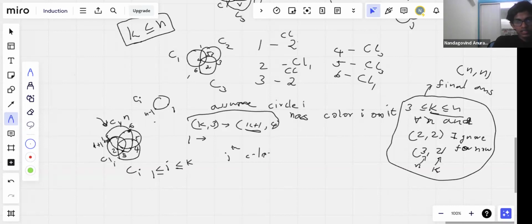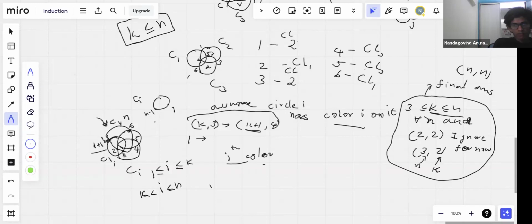For the second intersection point, this is because we assume that circle i has color i on it. So we are ensuring that our circle n plus 1 has color n plus 1 on it. Circle i has the ith color on it, so that doesn't add any color to the ith circle, but it does add colors to the n plus 1 circle for all i greater than k and less than or equal to n.